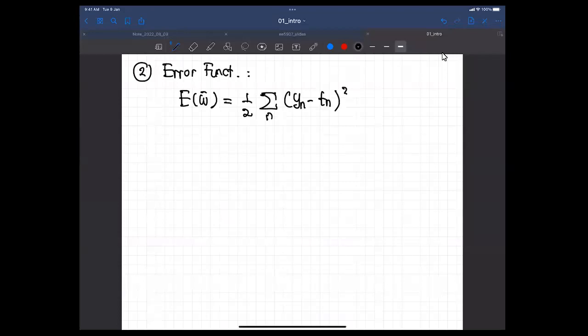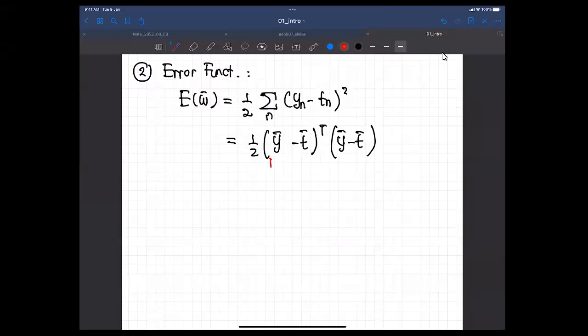And we can use a matrix form or vector form. For all the data, we can have 1/2 (y bar minus p bar) transpose (y bar minus p bar). So that's what you do if you want the vector form.